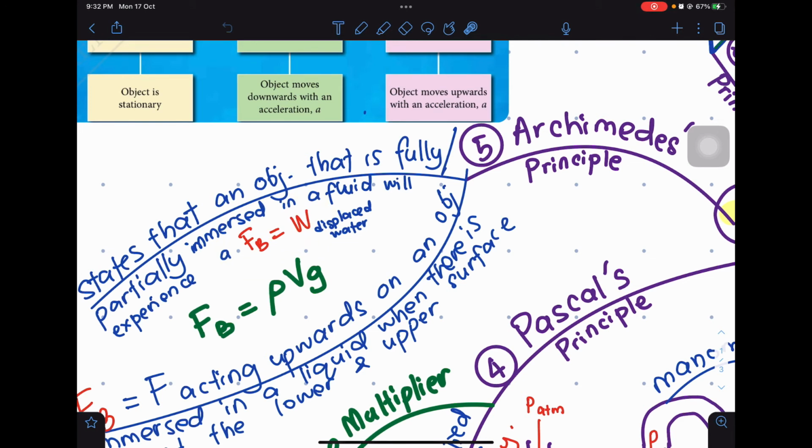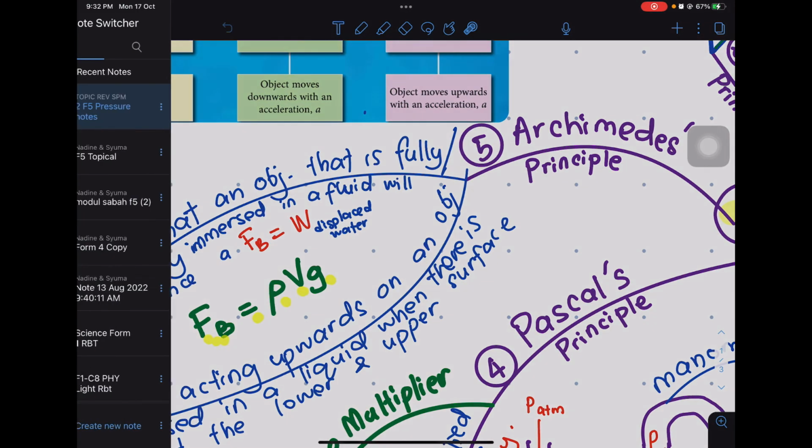Another equation you should know: when an object is floating, the buoyant force is equal to density times volume times g.